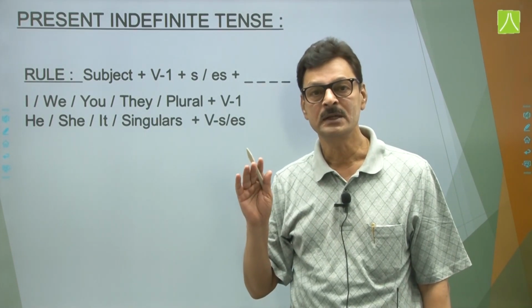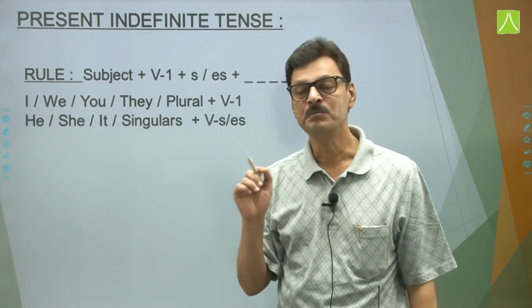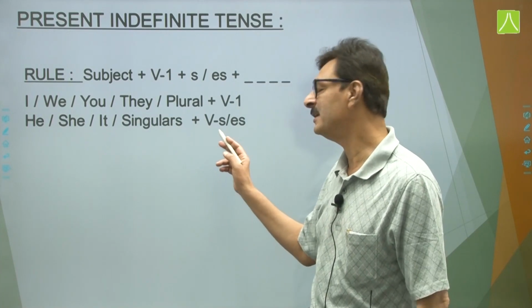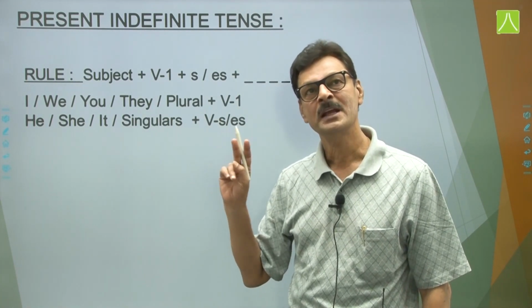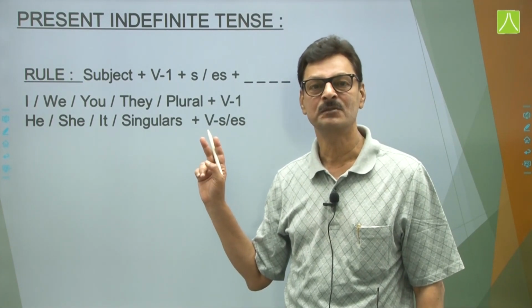Suppose you get confused कि S or ES लगना चाहिए या नहीं, there is a trick for it. If the subject is singular S, so it will be reflected in the verb. इस तरीके से आप इसको याद कर सकते हो. If the subject is singular, the verb will have S or ES form.